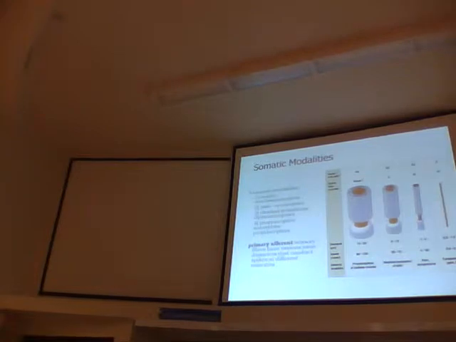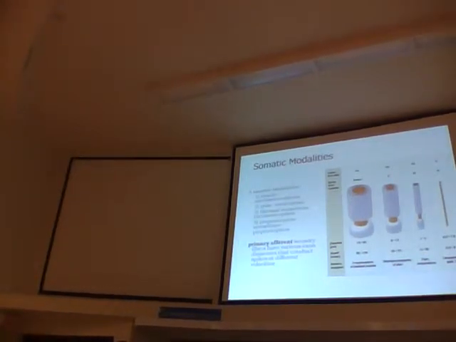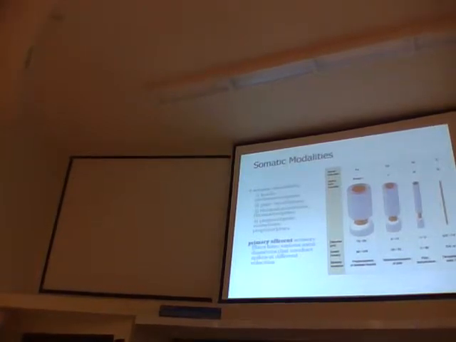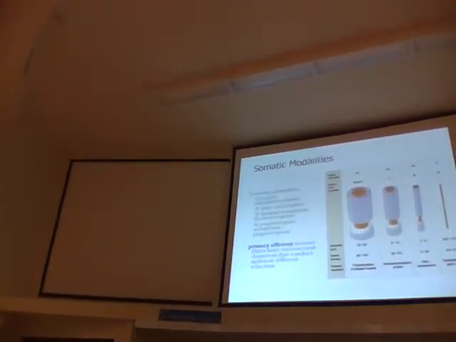The alphas are the largest, the C fibers are the smallest. And of these 4 classes of axons, the C fibers are the only ones that are not myelinated.